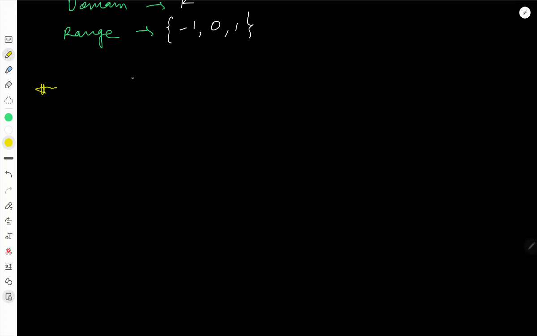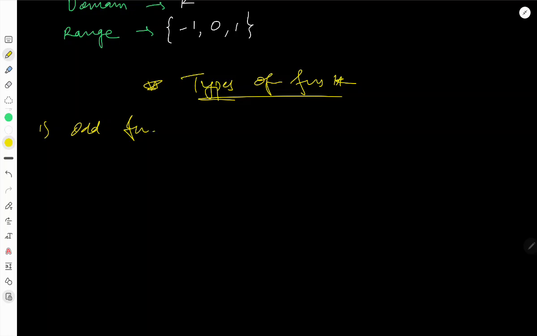So the first type again, types of functions. The first type of function is an odd function that can be defined in the equational format as f of minus x equal to minus of f of x for all x belonging to real numbers.